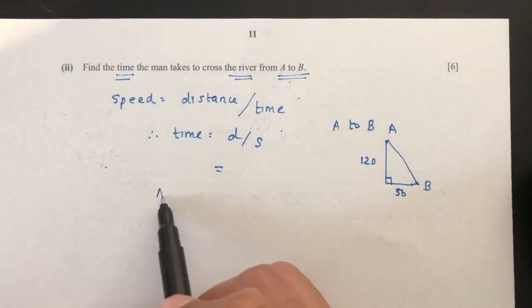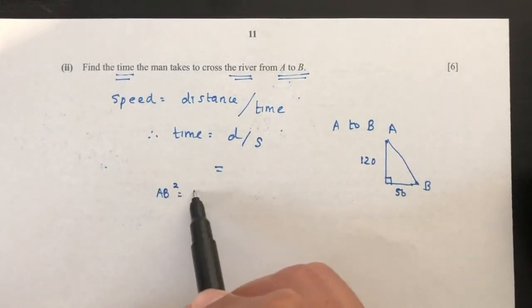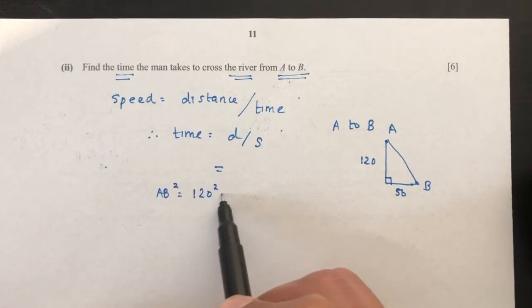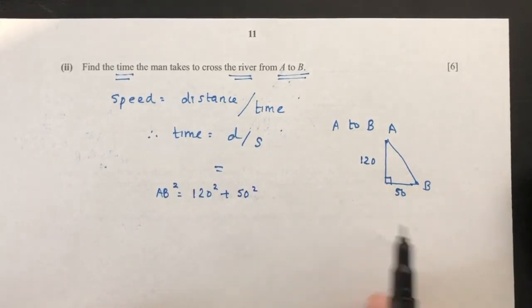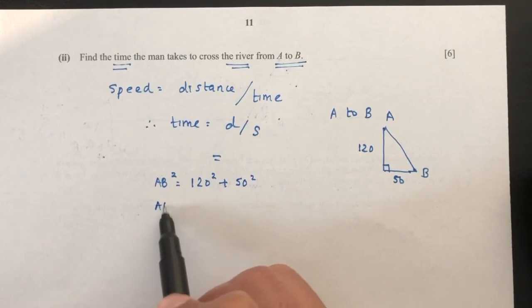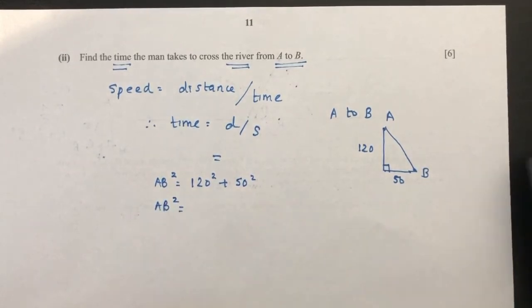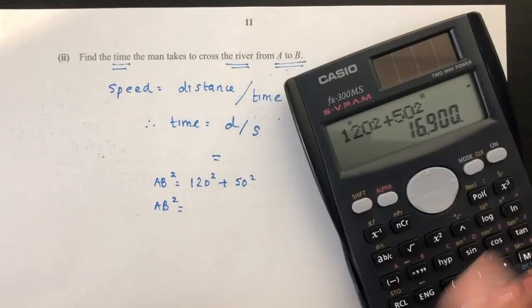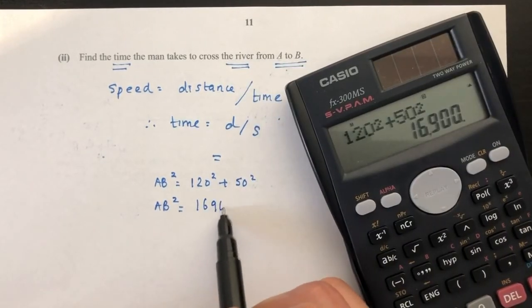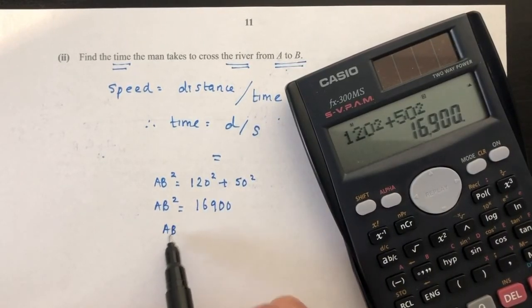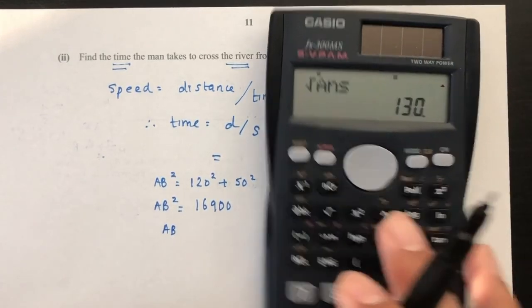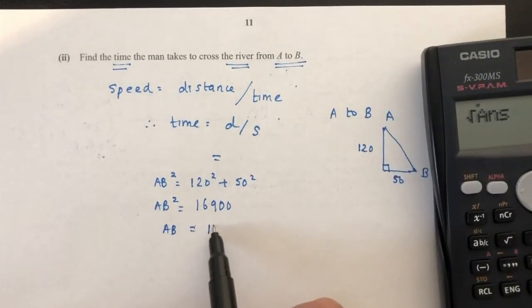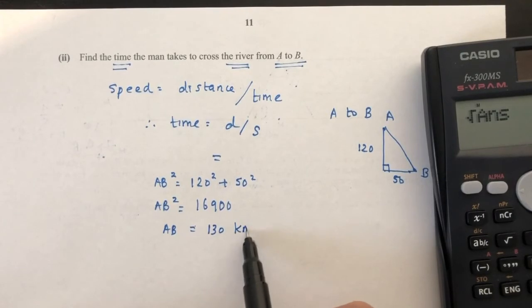AB squared equals 120 squared plus 50 squared. So AB squared is equal to what? It will be 16,900. So AB will be the square root of that. That will be 130. So the distance AB is 130 km.